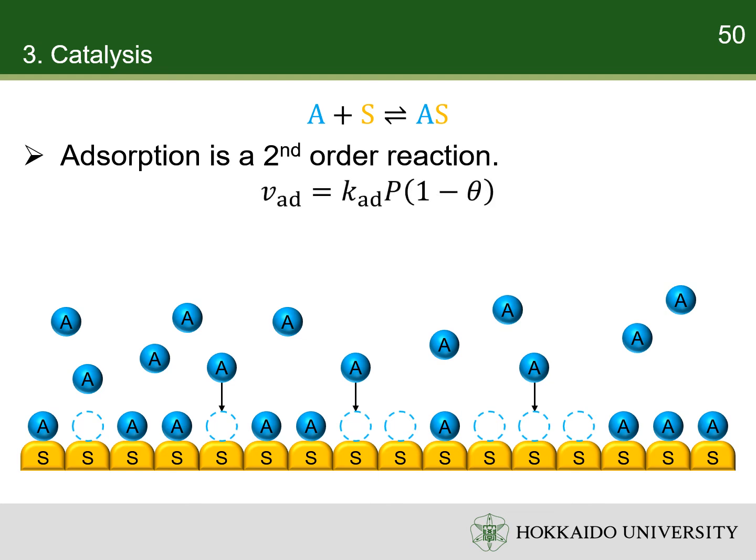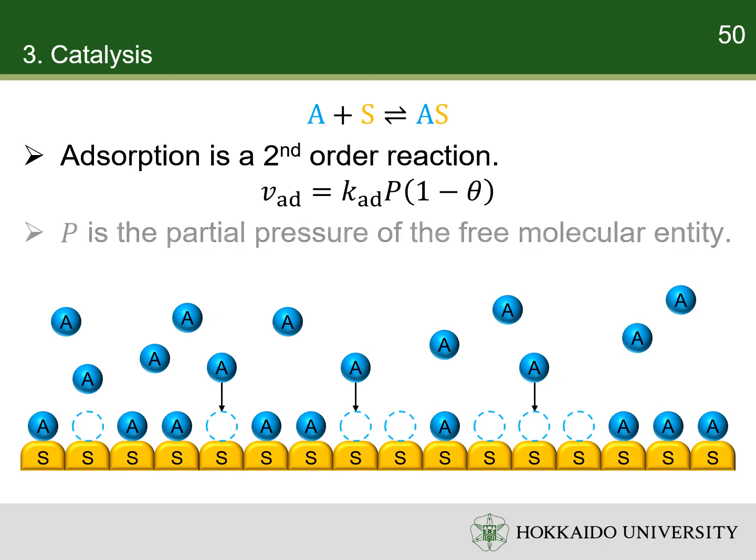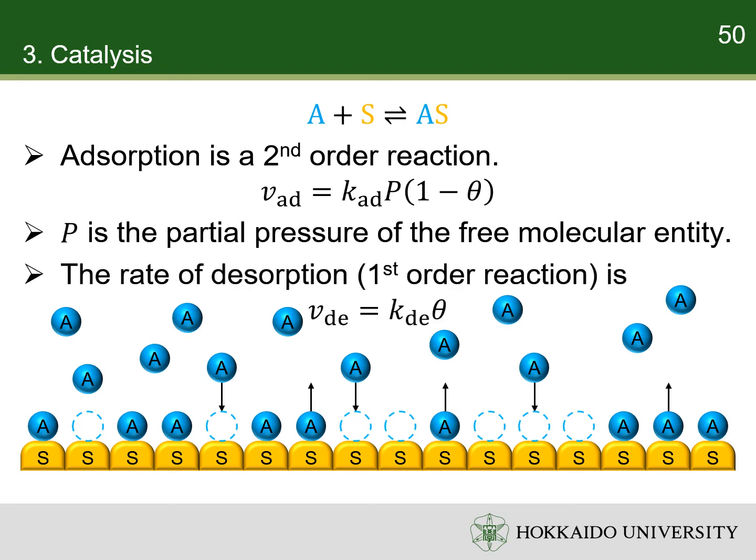The rate of adsorption is proportional to the product of the concentrations of free molecular entity and empty site. In gas phase, the concentration of molecular entity is proportional to its partial pressure. The concentration of empty site is proportional to 1 minus coverage. The desorption is a first-order reaction. The rate is proportional to the concentration of the adsorbate, which is proportional to the coverage.